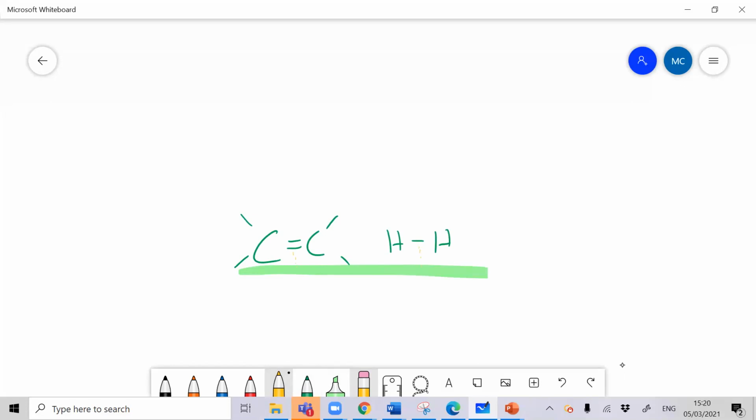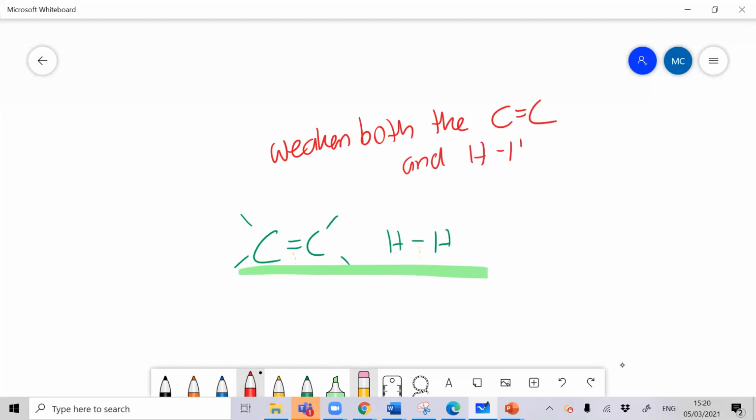But these interactions would actually weaken both the C=C double bond and the H-H single bond, making it a lot easier for the reaction to take place. So do keep this in mind, because this mechanism is not a true electrophilic addition as you are accustomed to.